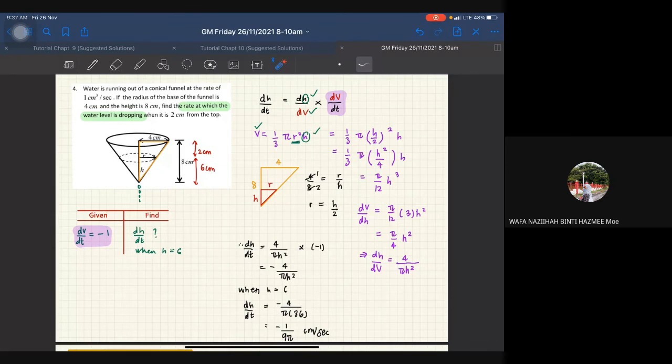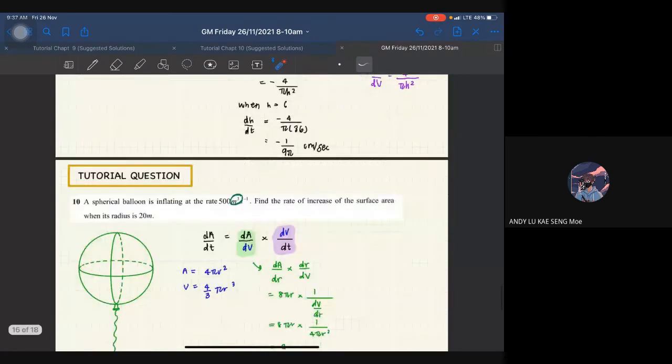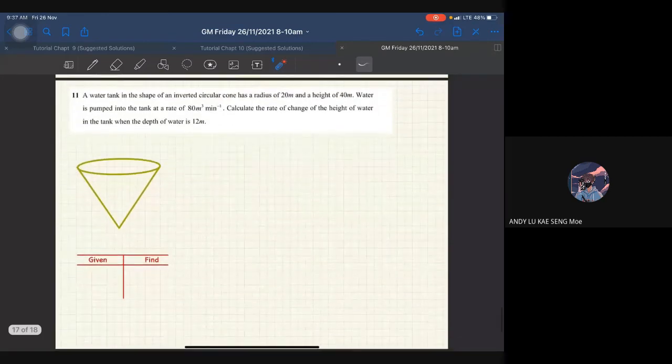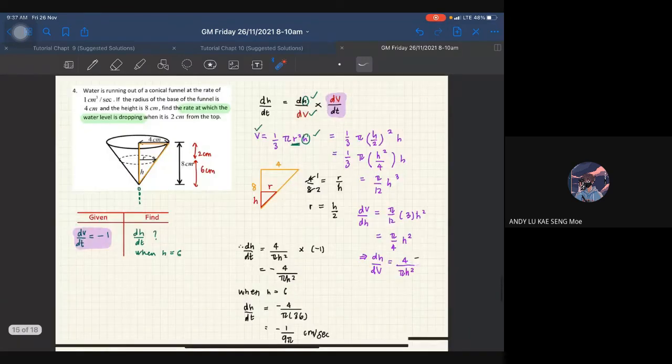Okay, the water is pumped. So air masuk, so air akan jadi positif lah, maksudnya volume awak akan bertambah. Instead of the previous example, your volume is decreasing. This one, your volume is increasing. So beza dia cuma plus minus sign sahaja. So patutnya awak boleh buat soalan ini kalau awak faham yang example saya terangkan tadi. Yes, I think that's all.